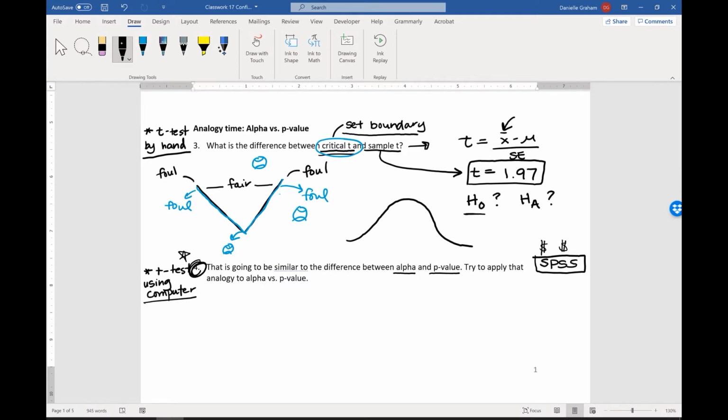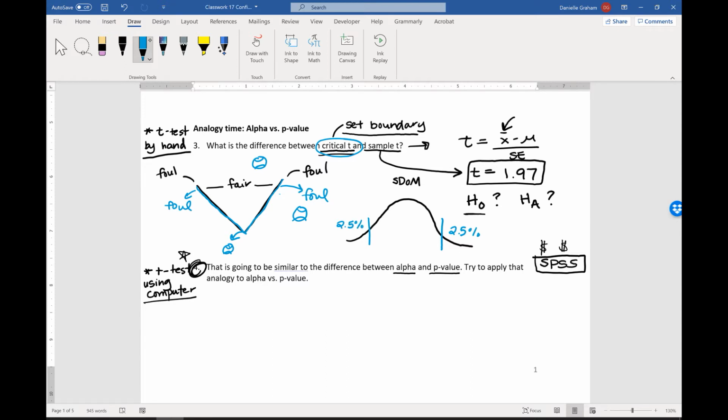In T's, we're always talking about our sampling distribution of means, right? All these possibilities that we could see happen. Those foul lines get set ahead of time. So if we're using an alpha of 0.05, which we always are in this class, then my foul lines are going to be wherever there's 2.5% of my curve up here, and 2.5% of my curve down here.